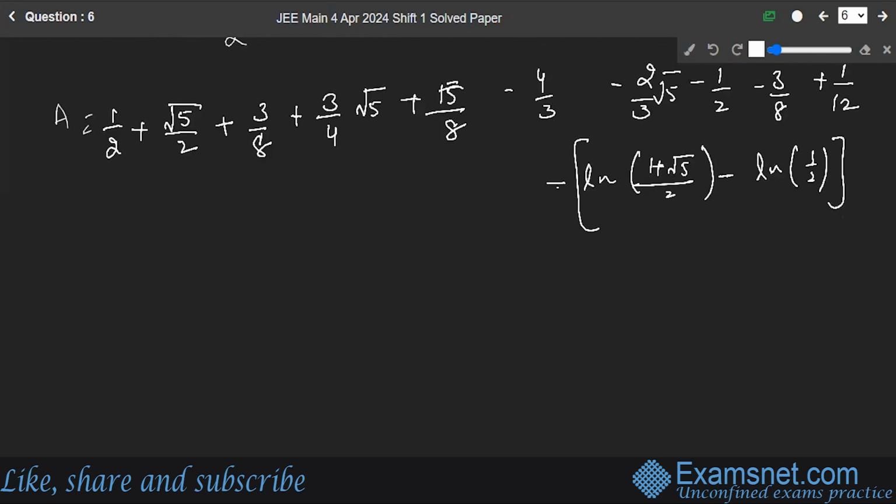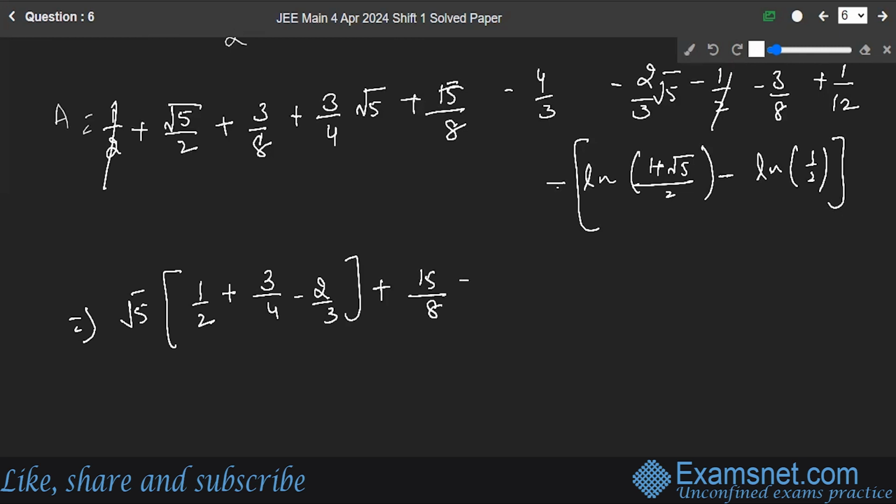Okay. This will cancel out with this, and by doing all the rest of the cancellations, I'm taking root 5 common. 1 by 2, 3 by 4, 2 by 3, 15 by 8, 1 by 3, 1 by 12, and this is 1 by root 5 upon 2 multiplied by 2, because it will be divided by 1 by 2.